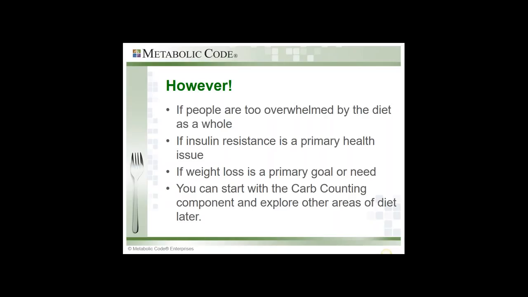But when there's a lot of insulin resistance, or if weight loss is a primary goal or need, and the person is just too overwhelmed by the diet as a whole, I'll just start out with carbohydrate counting. And I like it as an easy way to introduce healthier ways of eating.